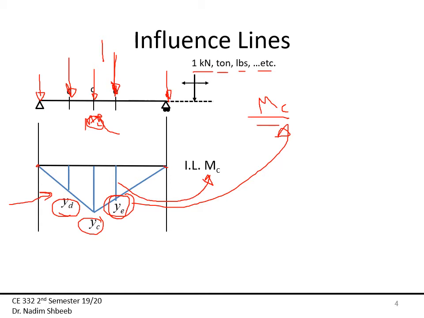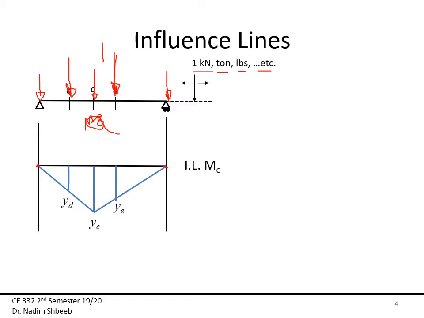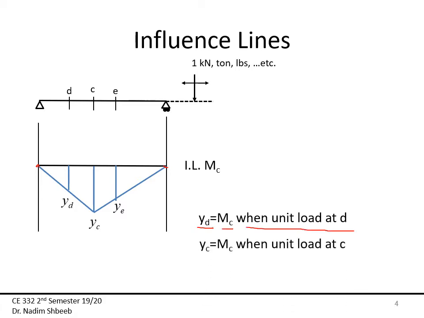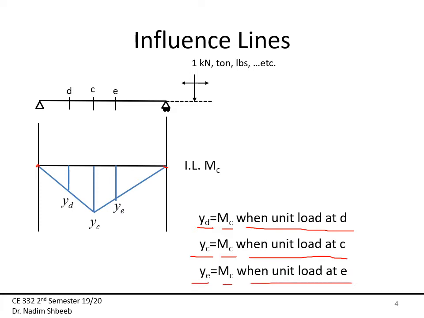Okay, so let me erase that again because I'm going to summarize what we did so far. So in summary, YD is the moment at C when the unit load is located at D. YC is the moment at C when the unit load is at C. And then YE is the moment at C when the unit load is at E.